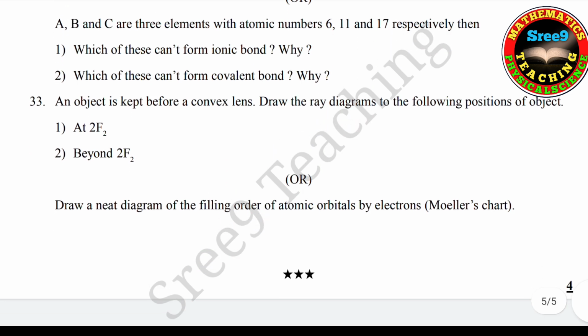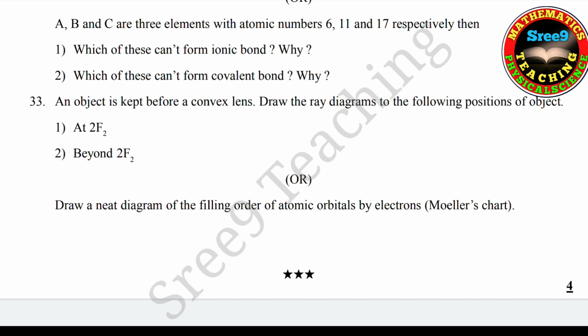But here I am going to explain the answers for the 33rd question. See here, an object is kept before a convex lens. Draw the ray diagrams for the following positions of the object. First, at 2F2. See here, F2 is the focus. So the distance from the optic center to the focus is the focal length.